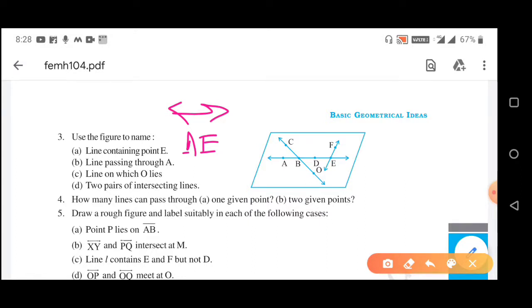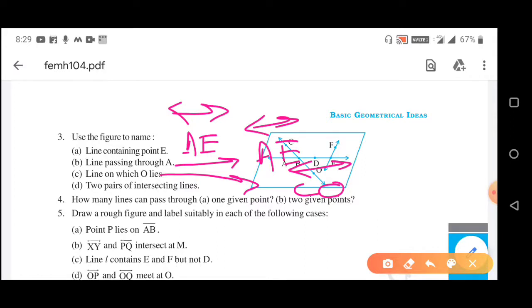Question number B, line passing through A. So we can write the line passing through A as the same answer, AE. This line is passing through A. Question number C, line on which O lies. So O lies on the line CO. So we can write CO.